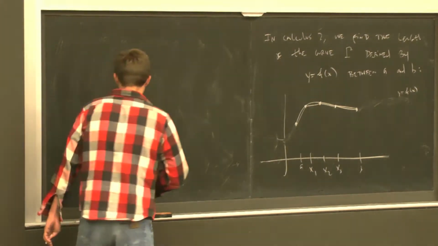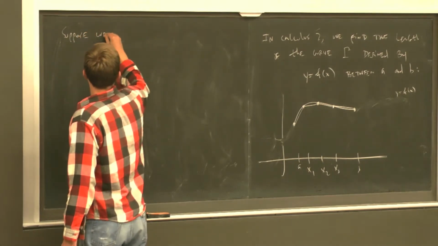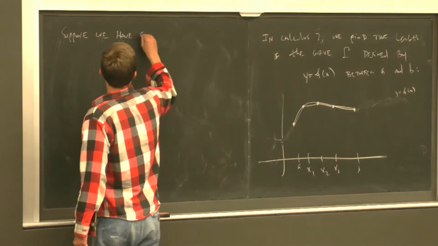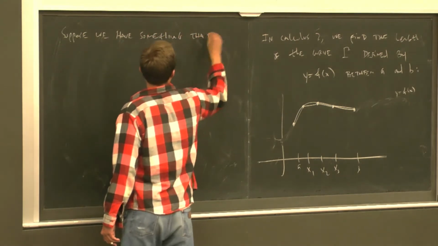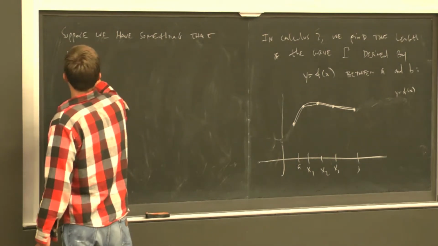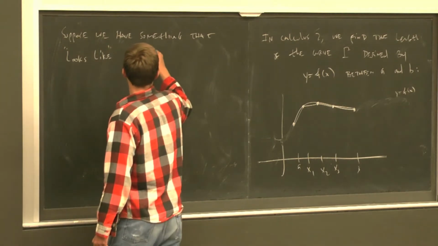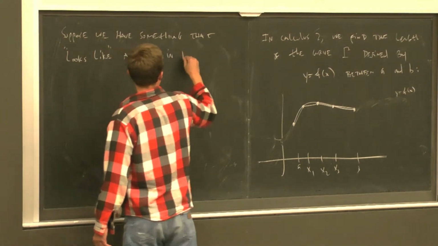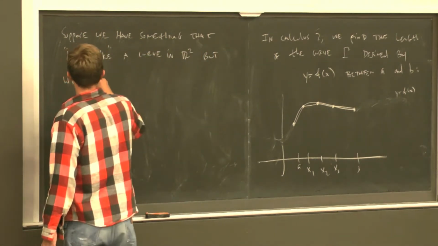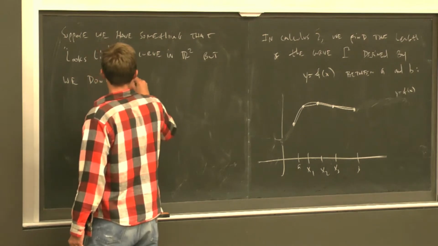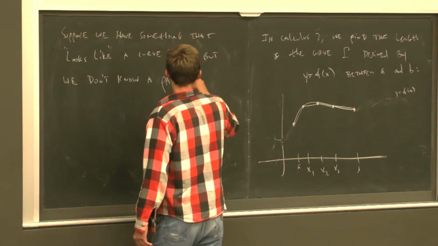So here's the problem. Suppose we have something that looks like a curve in R2, but we don't know a parameterization for it.